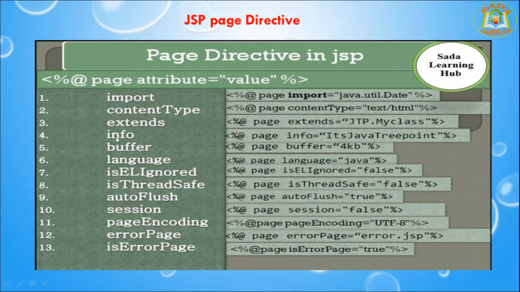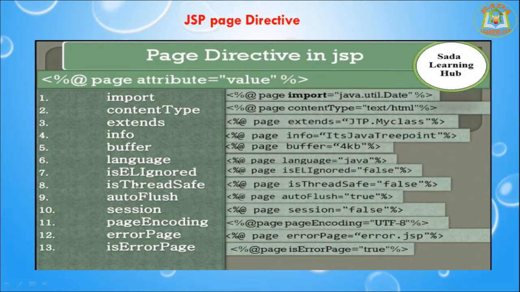If you want to set information about your page, we can use the page directive info attribute. Then the buffer attribute, which is used to buffer your data. Next, the language attribute. We can use JSP with different languages, that's why we need to put which language you are using in your JSP page.